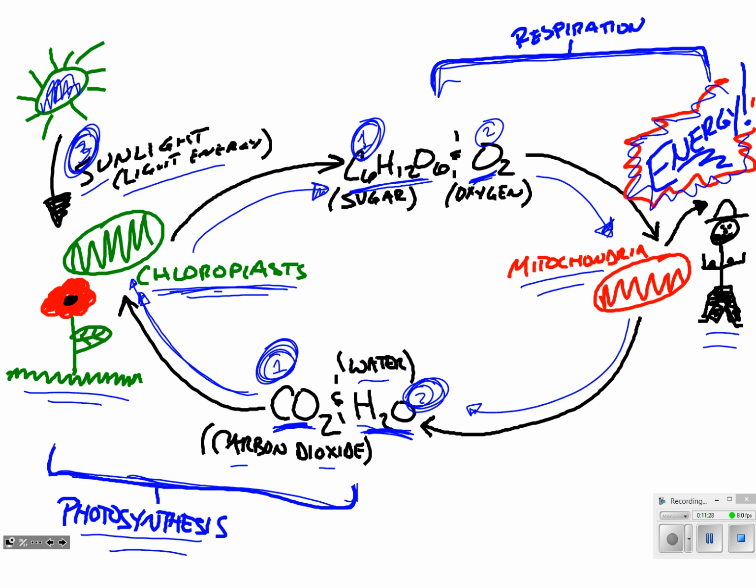It's a cycle because it goes around in a circle. It doesn't end anywhere. It keeps going back and forth. We as animals need plants because plants provide us with the sugar and oxygen needed for respiration. Plants need animals because we provide carbon dioxide and water that they need for photosynthesis. So it's a cycle that we will always have.